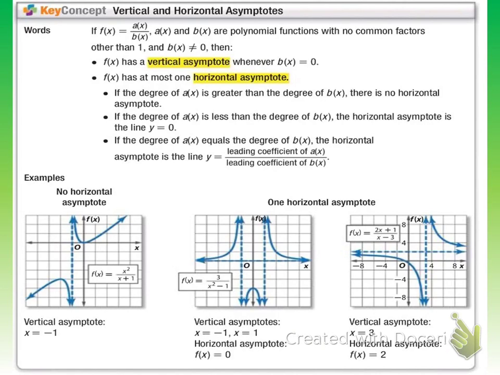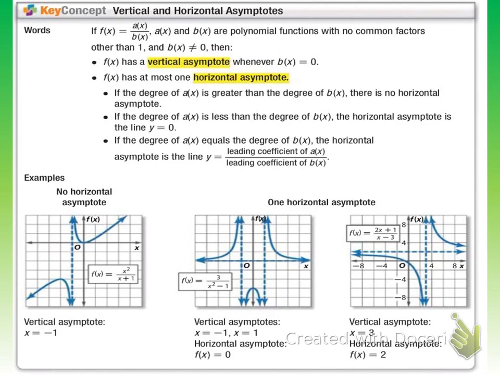We're going to go through this part by part and dissect it. Slowest one I ever do with this. If the function is a of x over b of x, a of x and b of x are polynomial functions, no common factors other than 1, and your denominator is not 0. All general stuff, right? You have polynomial function over polynomial function.